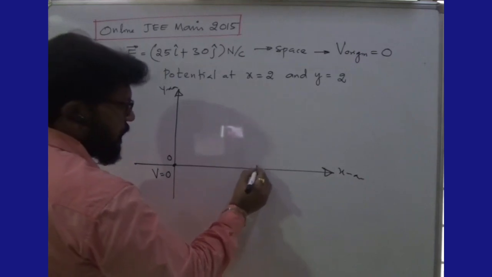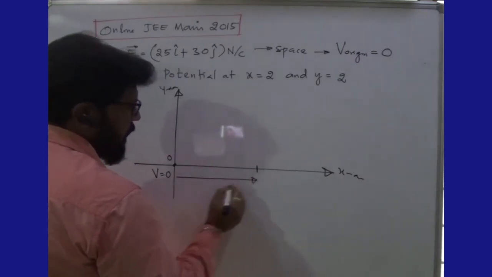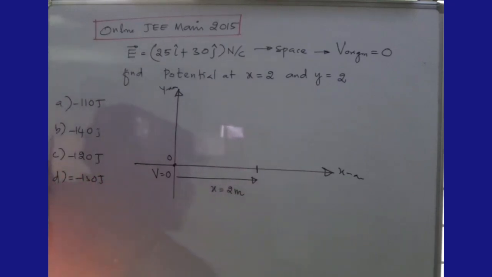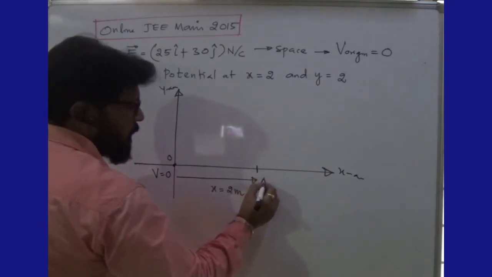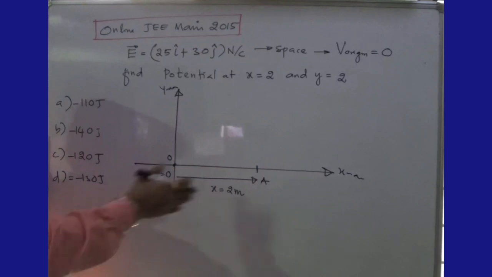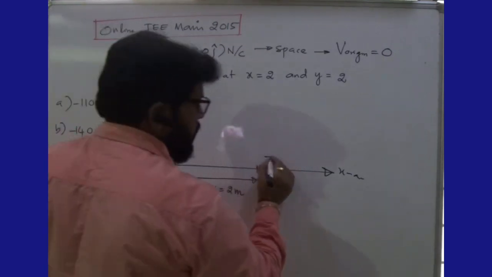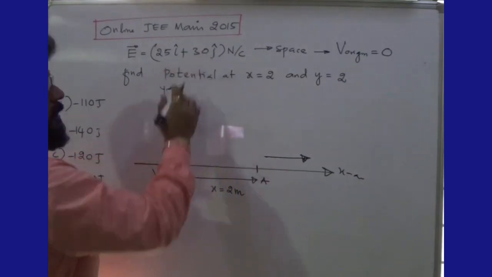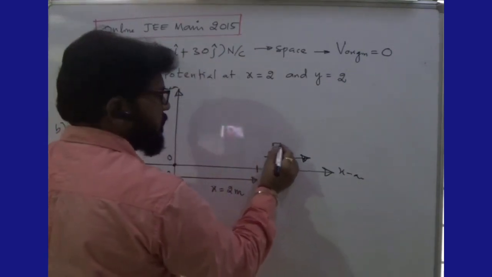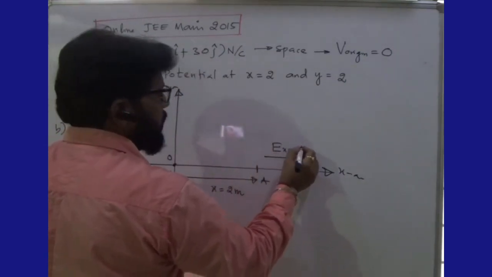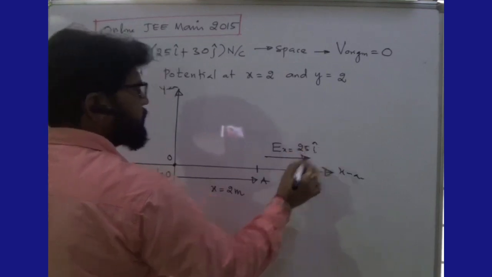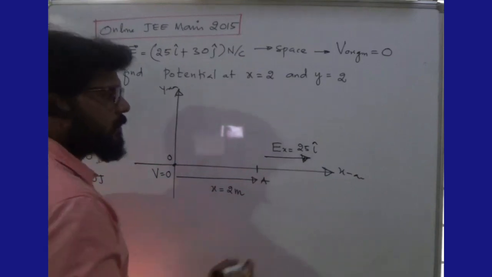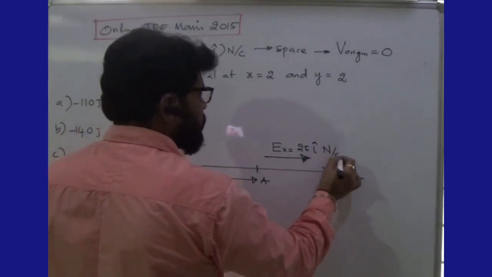So as I move to a distance, let us take x equals 2 meters at a point A. The electric field has an x direction, Ex, and a y direction, Ey. Ex is 25 i cap, the electric field in the x direction, newton per coulomb.